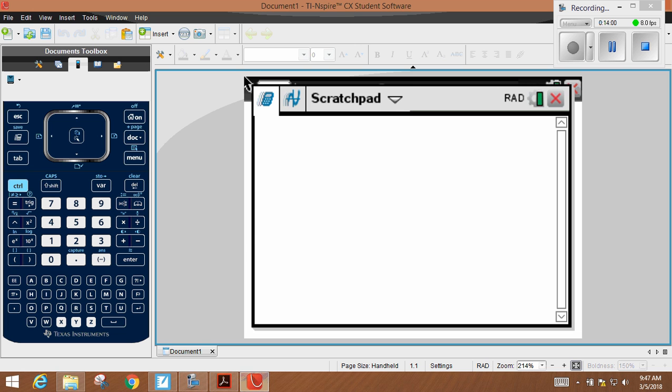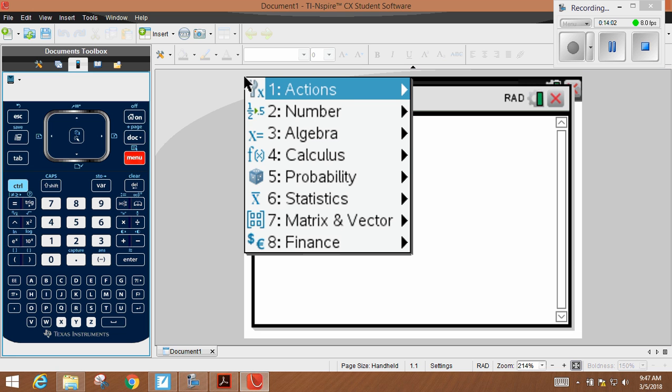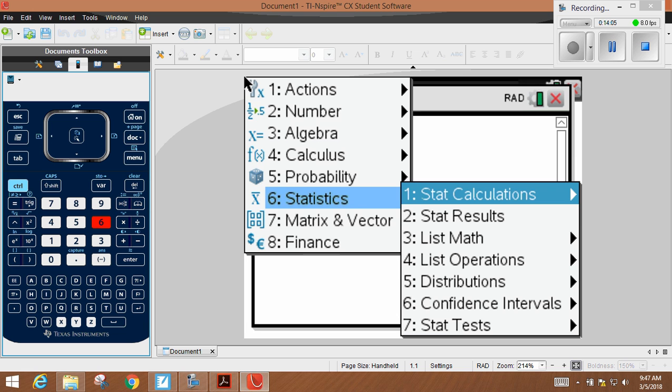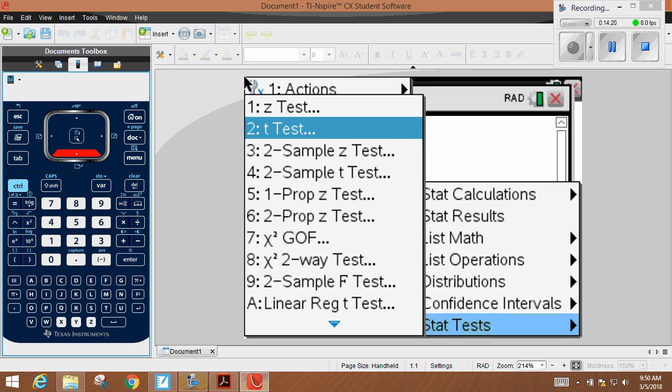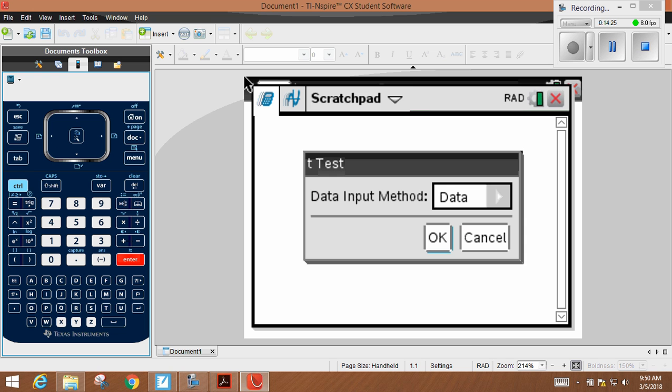So I can just hit the calculator button, and I can hit menu, statistics, stat tests, we'll go ahead and choose a t-test. And now we are not going to use data, right? Now we're going to use statistics. Hit OK.